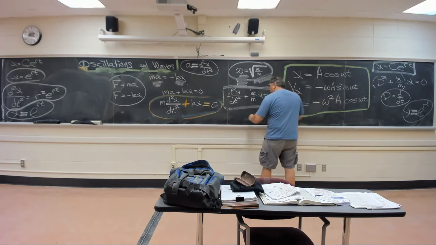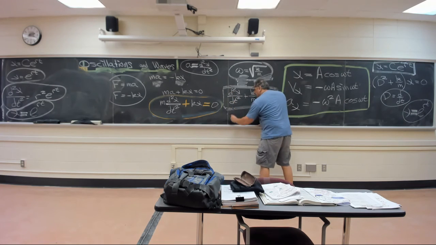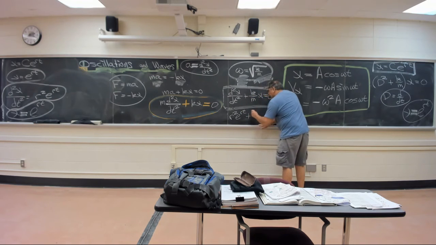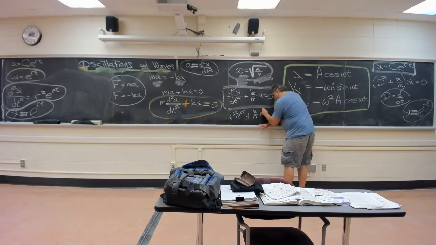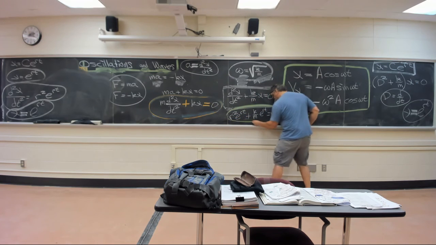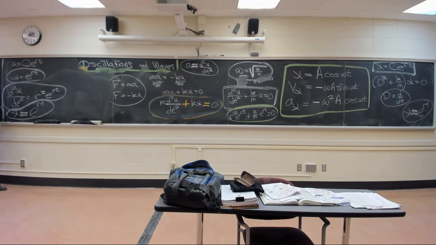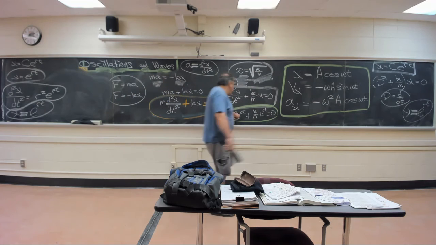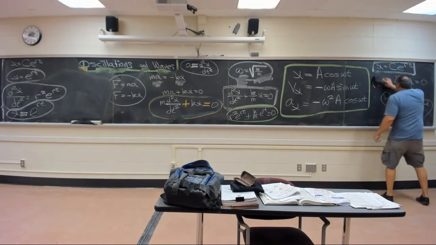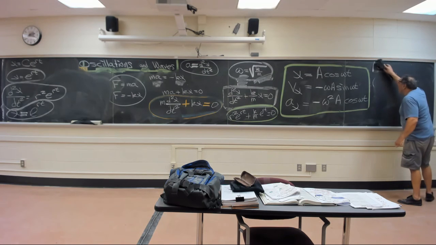If d squared x dt squared is r squared e to the rt, and this is k over m e to the rt equals 0, look at it carefully. So we'll put the C there.